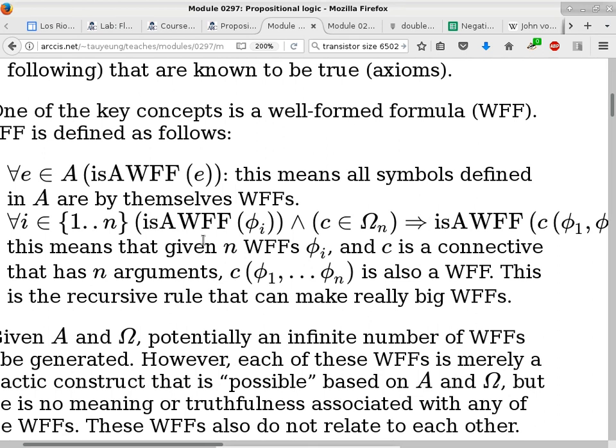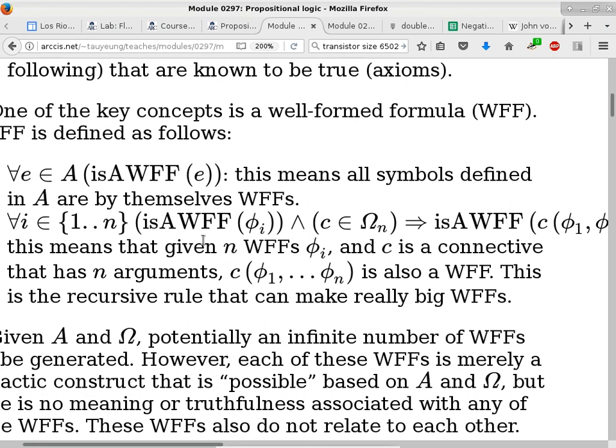Omega is a beta set. Omega n would be a subset of big omega, except that you're only interested in connectives that require n parameters. Now, practically for us, n can only go from 1 to 2. We have negation as the only operator that only takes one single operand. All of the other operators that we use take 2 operands. And takes 2 operands. Or takes 2 operands. Implication takes 2 operands. If and only if takes 2 operands.